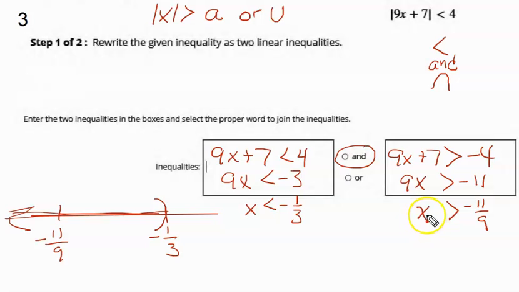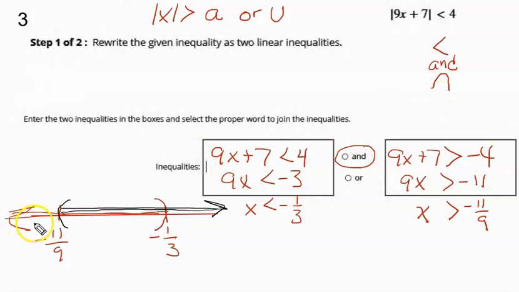Now when we graph this one, x is greater than, and I'll use black for this, negative 11/9. We're going to have a parenthesis there, and this goes off in this direction to positive infinity.